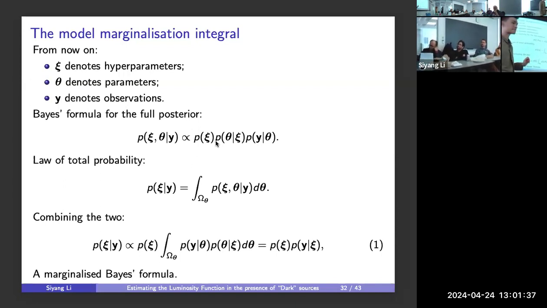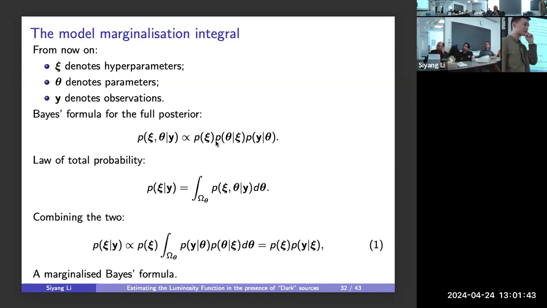So let me say this. I think you might run into trouble calling this a marginalized Bayes formula when you submit a paper, because it's just Bayes formula. You don't actually need any derivation, because you have a joint of psi, theta, and y, that's just Bayes formula. Except for statisticians, it's not going to be anything new. How to compute that thing is a different story.